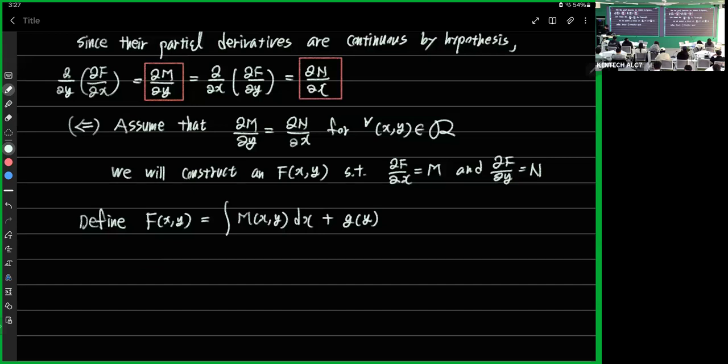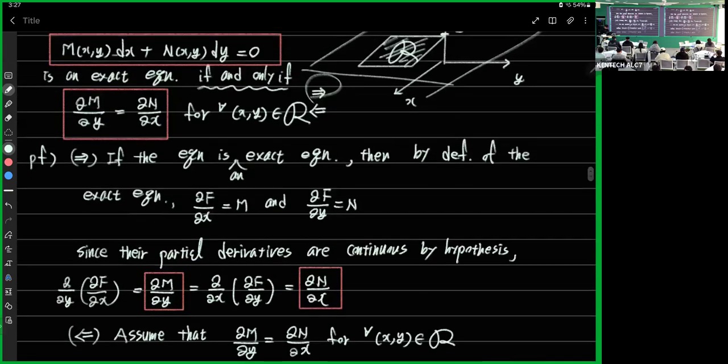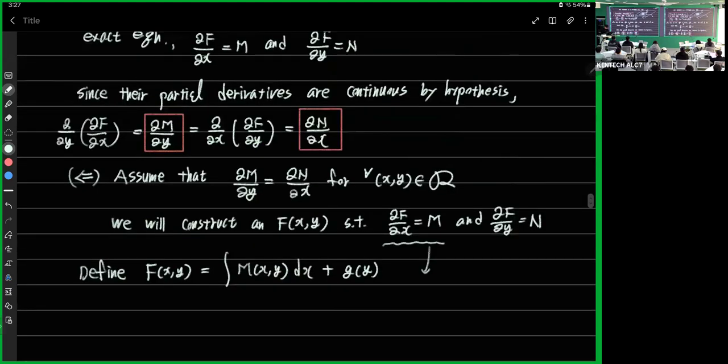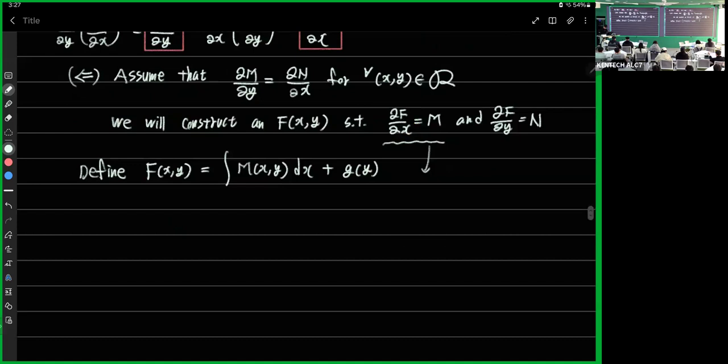It comes from the integral of f with respect to x on both sides. When you take an integral to find f, I mean to consider f satisfying this, then m is given, right? M and n are given in the problem. You see, exact differential equation: here m and n are given, and f is the unknown. So we take the integral of partial f partial x dx equal to the integral of m dx, right?